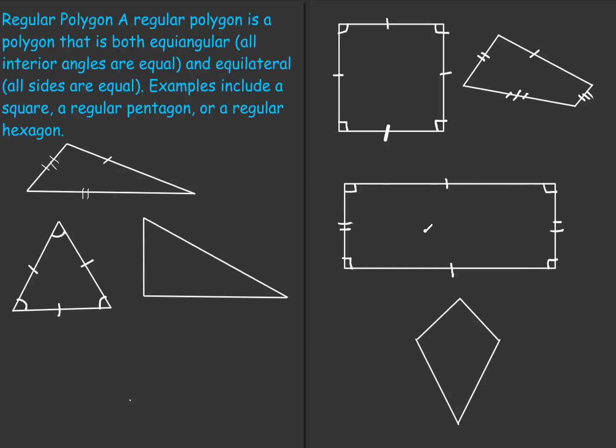So with all this said, let's look at the formula we can use to calculate the value of the interior angle of a regular polygon. That is, you just want one of the interior angles.